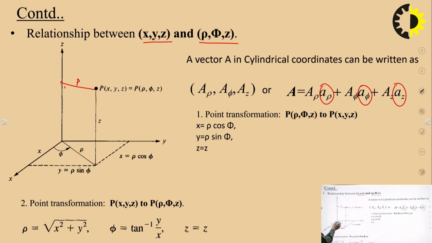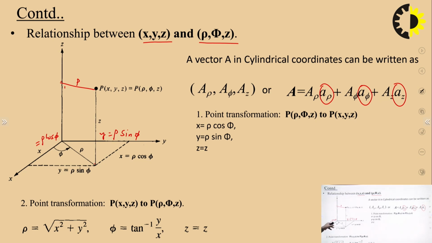So in the angle direction, x is equal to rho cos phi, and y is equal to rho sin phi, right.